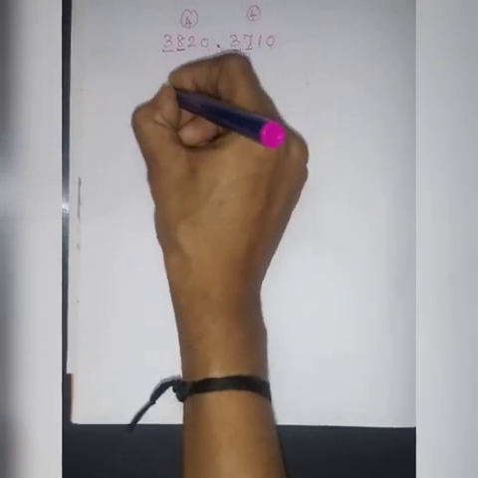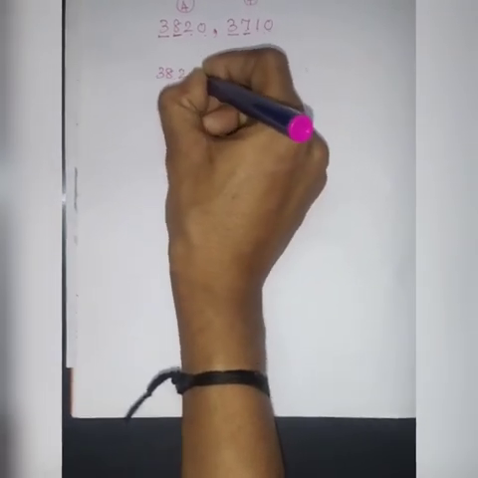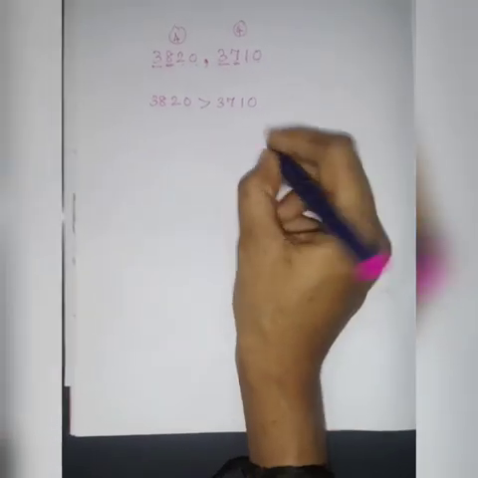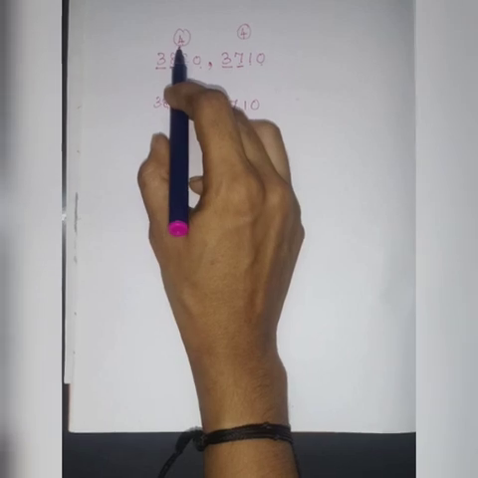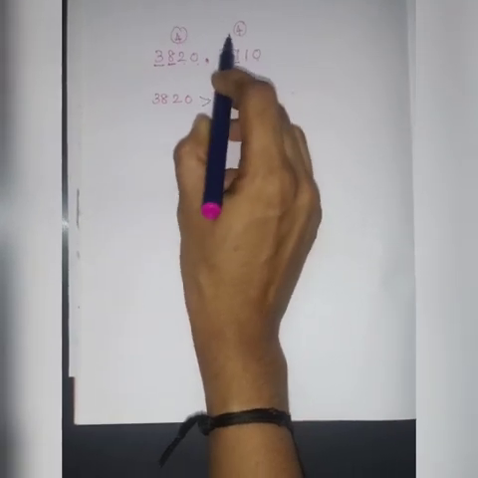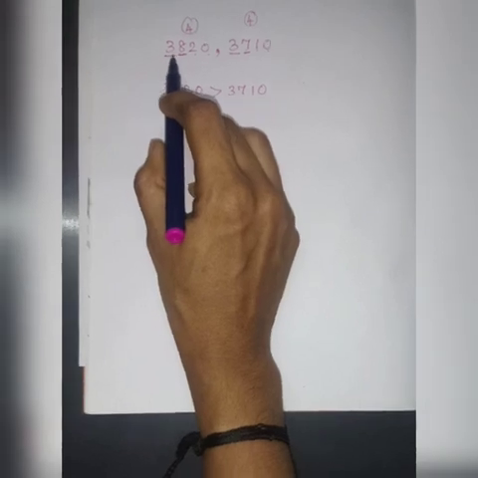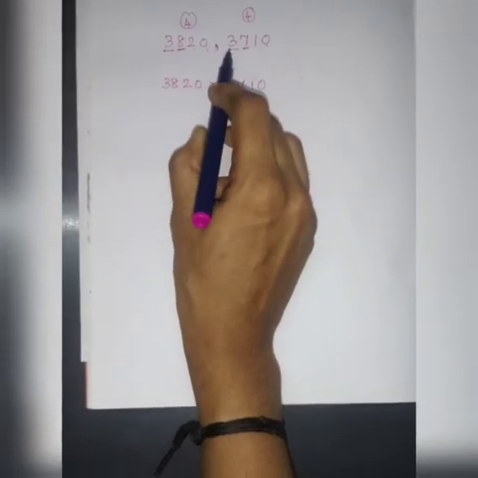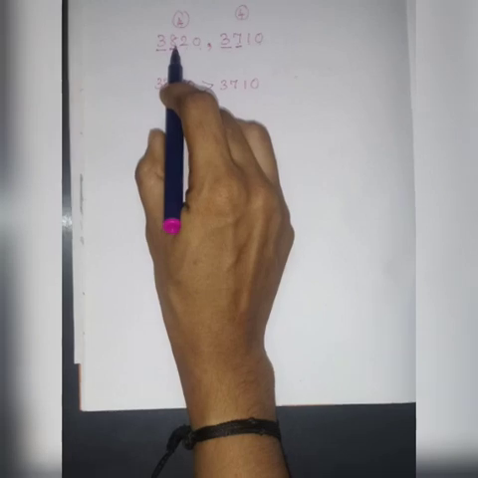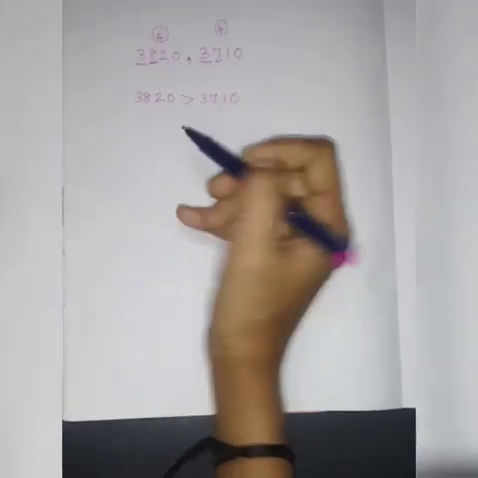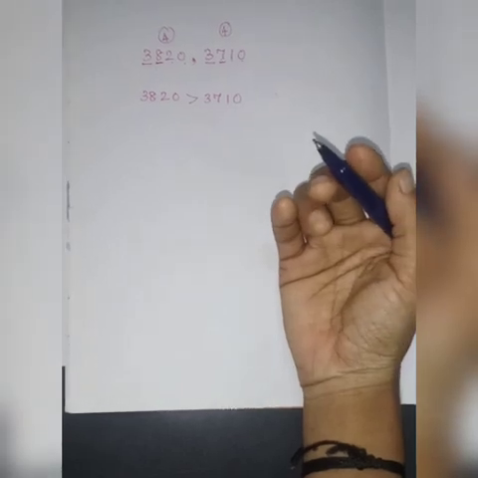So obviously 3820 is greater than 3710. Here, first I am counting the number of digits. Since the number of digits is the same, I check from the left side. The first digits are both the same. Next digit I compare. 8, 7. So 8 is greater. So 3820 is greater than 3710.